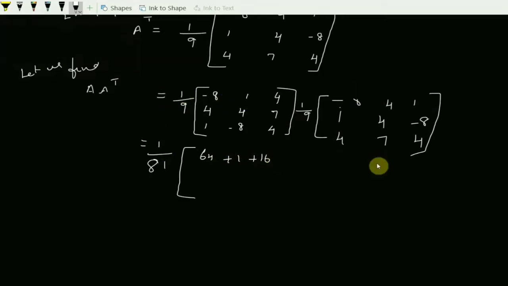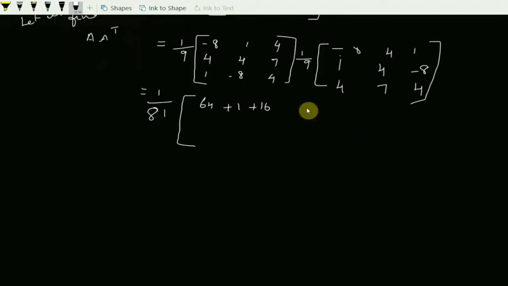The first row and second column will give you minus 32 plus 4 plus 28, then minus 8 plus 16.